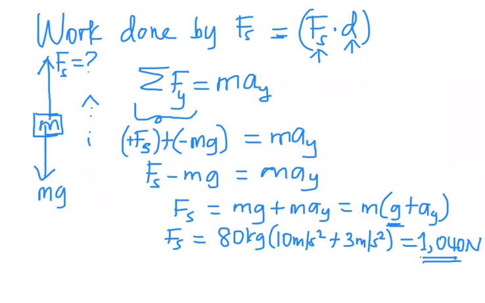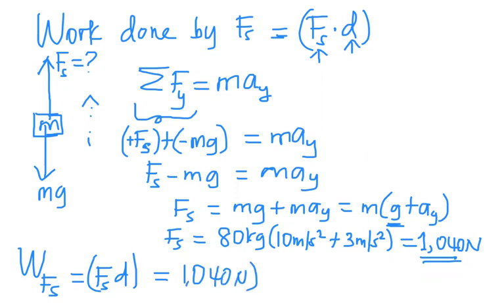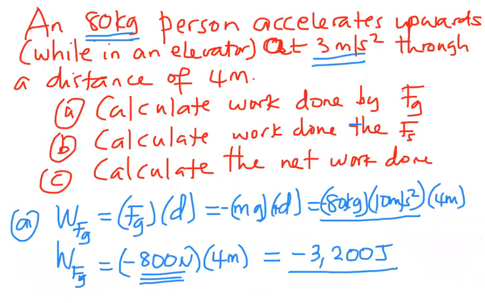Now, let's find the work done. The work done by this support force will be the support force times the displacement. We just found our support force as 1040 newtons. Then you multiply by distance. If you look at the problem, we are told that the height is 4 meters.